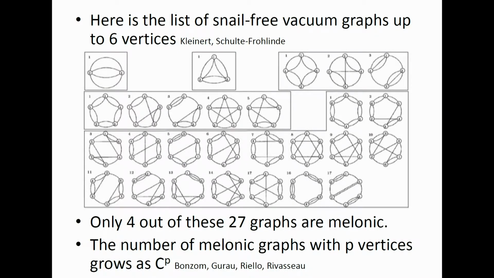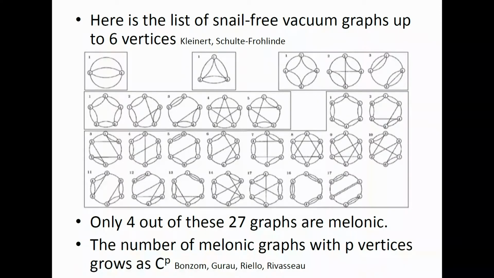When you look at their scaling, you see immediately that only 4 of these graphs are melonic. The basic one, then a graph with 2 melon insertions, and then these 2 kinds of graphs. So only 4 out of 27 graphs, even a lot fewer than planar graphs, okay?